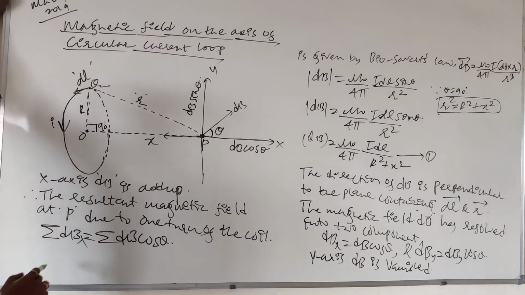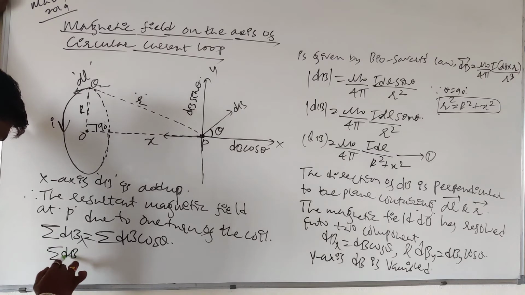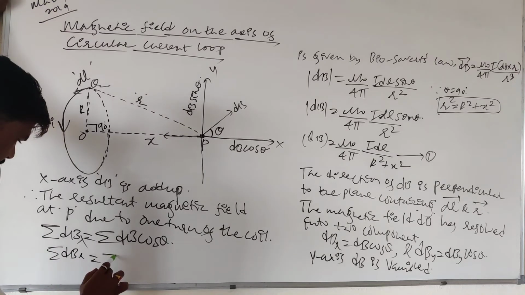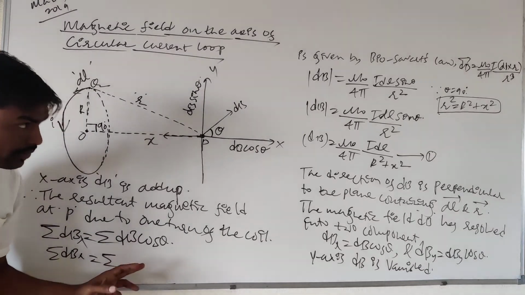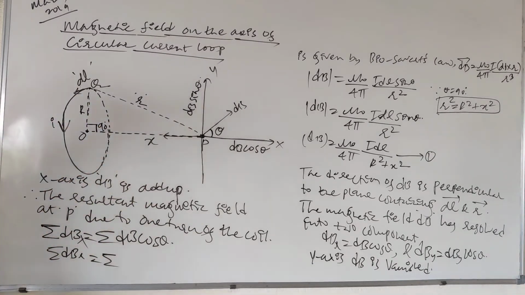Here once again, summation of dBx, summation of dB into cos theta, where dB is from equation number 1, right. Here we need to find cos theta. What do we need to find? We need to find cos theta, right.